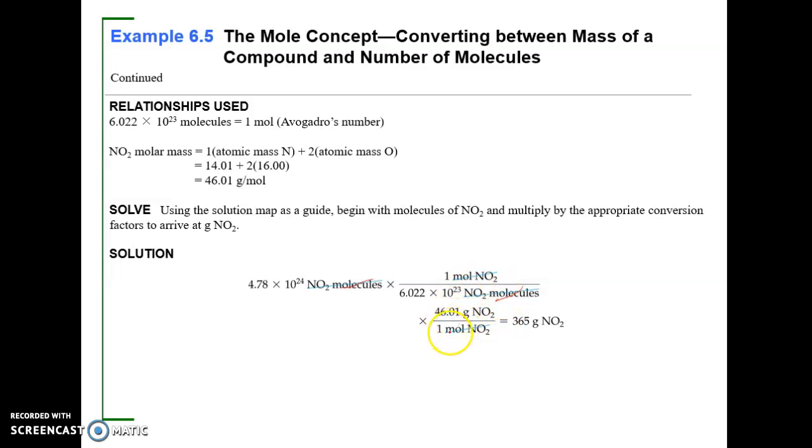So we're going to take our 4.78 times 10 to the 24, divide by 6.022 times 10 to the 23, and then multiply by 46.01, and to the correct amount of significant figures, which is 3, our answer pops out as 365 grams of NO2.